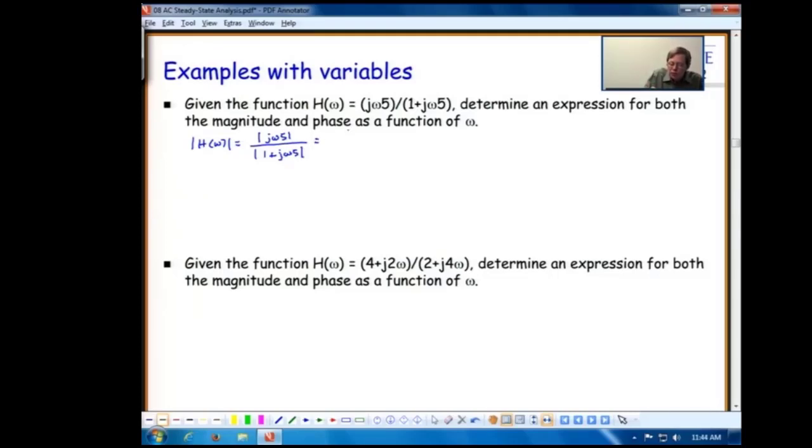So the magnitude of the numerator is the square root of 0 squared plus omega 5 squared. There's no real part, so that's 0 squared plus the imaginary part squared, take the square root.